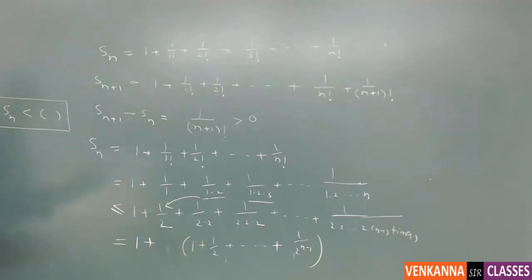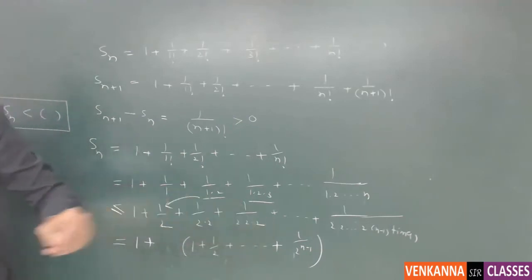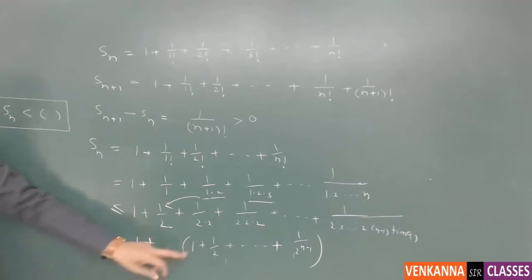All I am trying to do is show Sn must be less than some value. You can do any kind of modification in this arrangement of terms. That's up to your choice. I am simply writing 1 plus 1 by 2 plus 1 by 2 square plus up to 1 by 2 power n minus 1. So it is in the form of arithmetic progression, sorry, geometric progression.